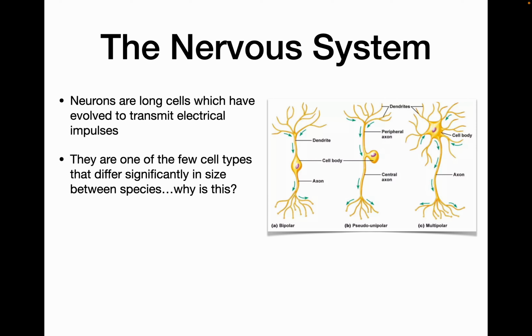But neurons are different. They vary significantly between species. The biggest neuron in a giraffe is significantly longer than the biggest neuron in a mouse. Why do we think this is? Well, this is because the length of the neuron depends on how long the signal has to go, and it all has to connect from the central nervous system to the peripheral. On humans, one of our longest nerves is called the sciatic nerve.